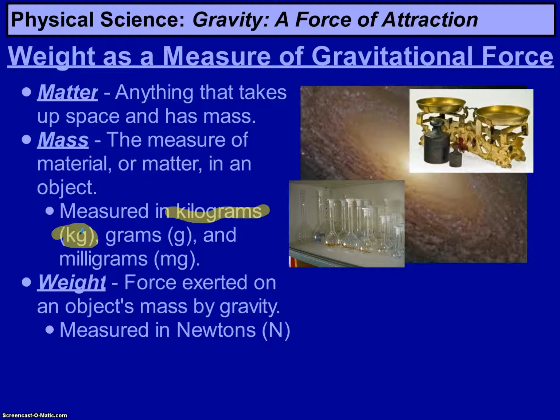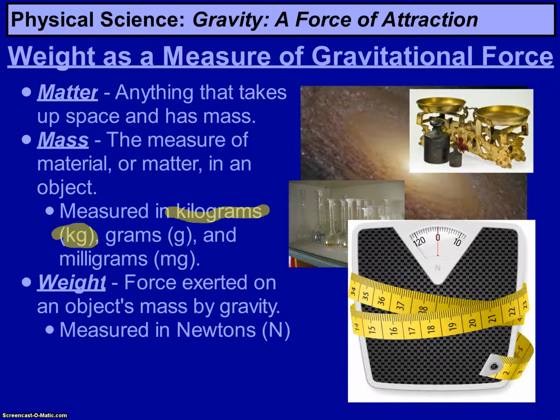Weight is defined as a force exerted on an object's mass by gravity. Now, weight is measured in what's known as newtons, and 1 newton is equal to 1 kilogram meter per second squared.